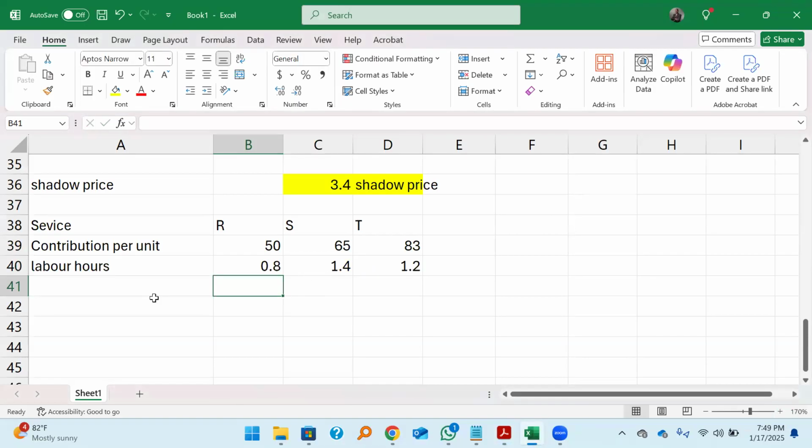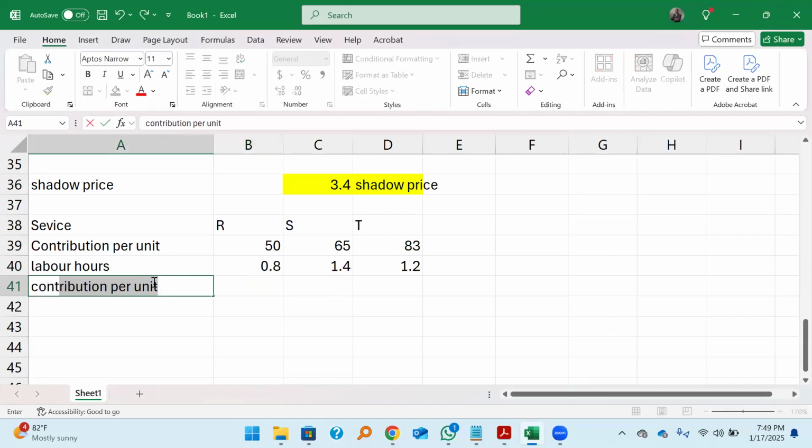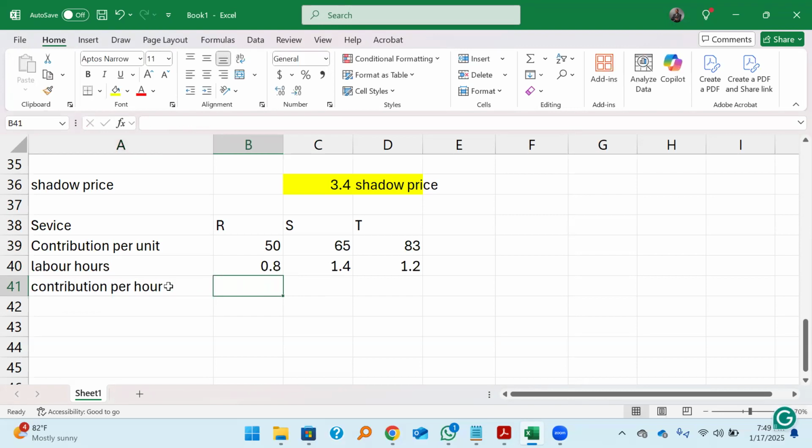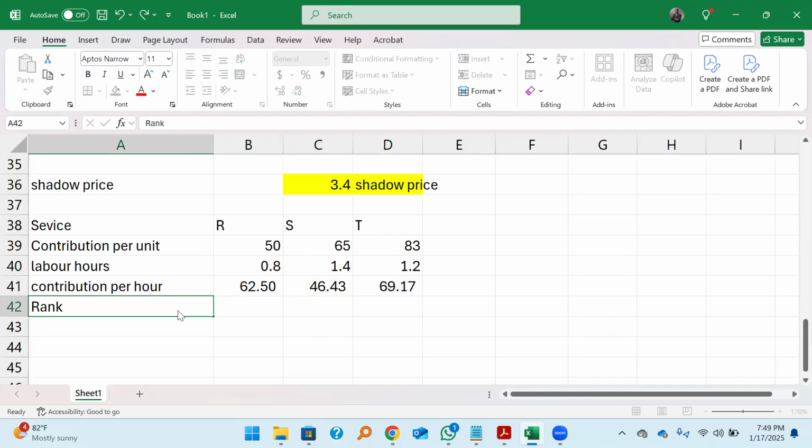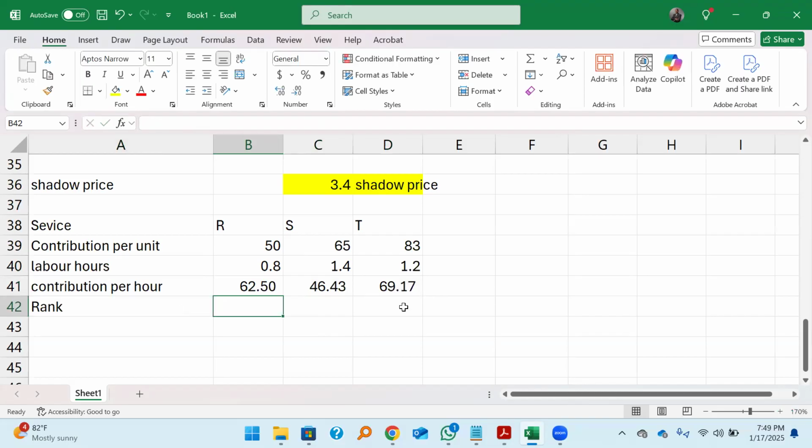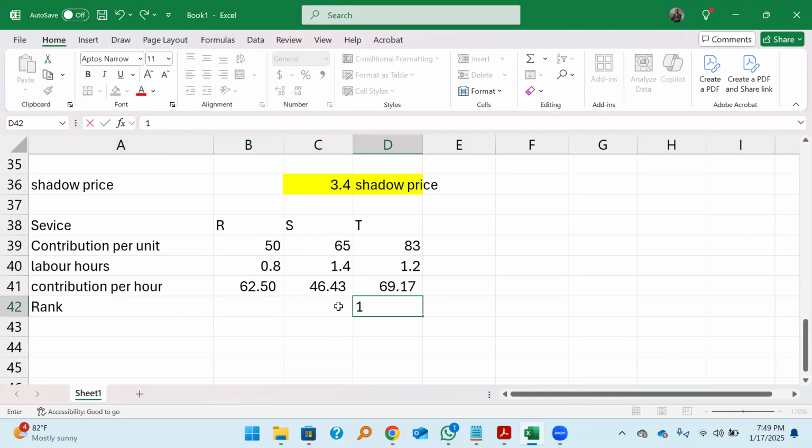If I do it like that, then I can now say contribution per hour. So by dividing, that is 62 and 46 and 69. So which means that when I'm ranking them, I start with 69, then 62, and finally 46.